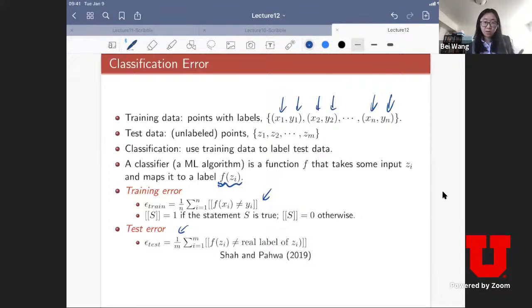The training error is to say I withhold the labels of my training data, which is Y, and I want to see how much I accurately recover. The test error is only obtained when I know the real label of my test data. So those are two different things. What is a training error? What is a test error?